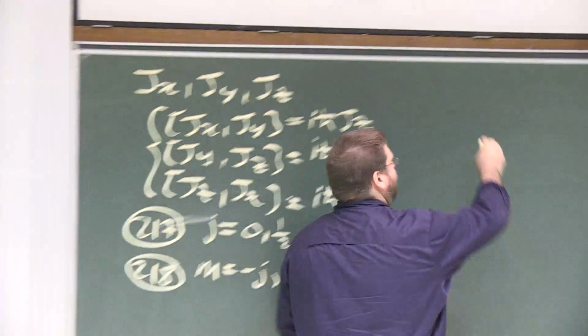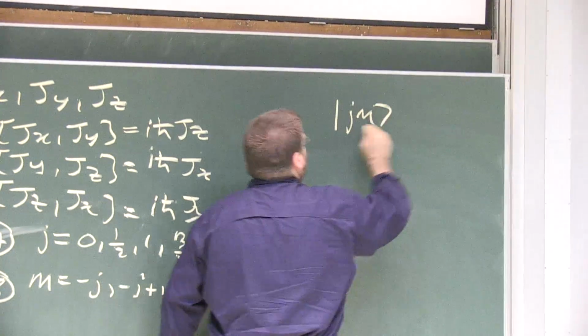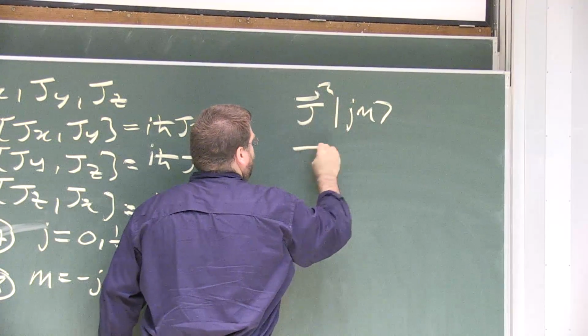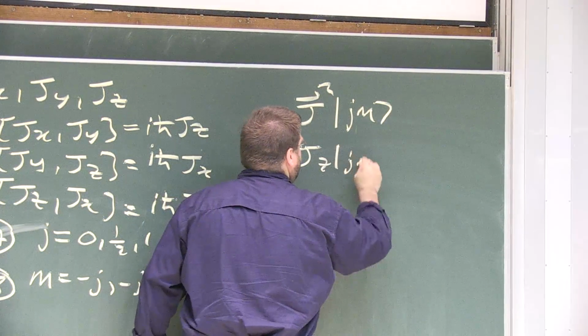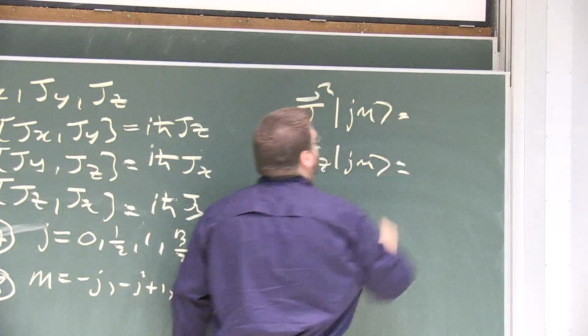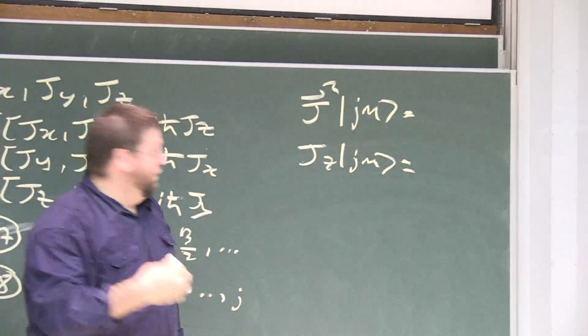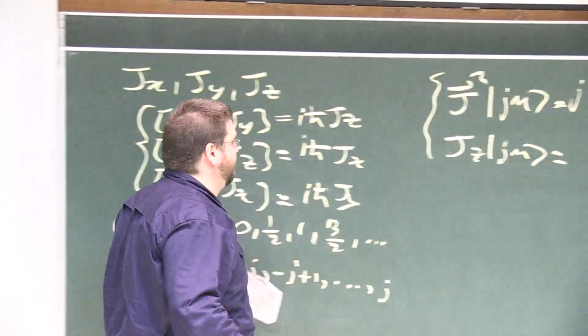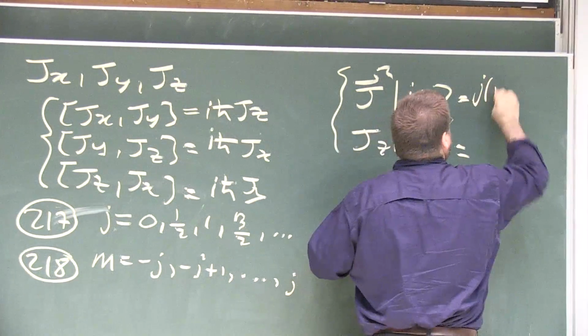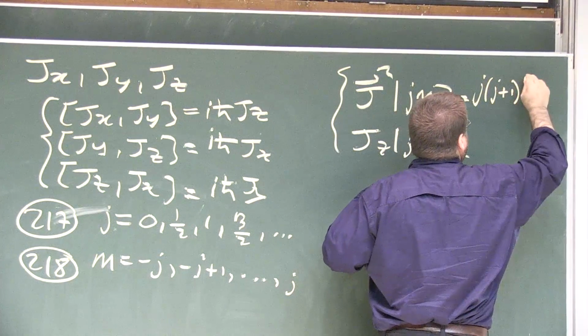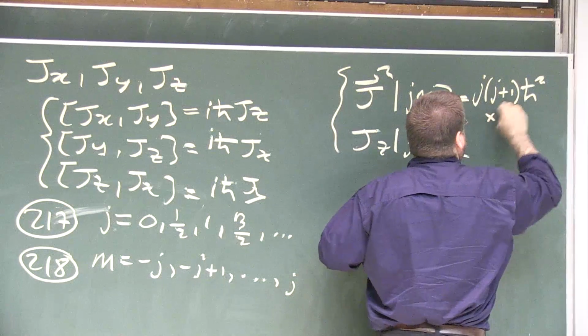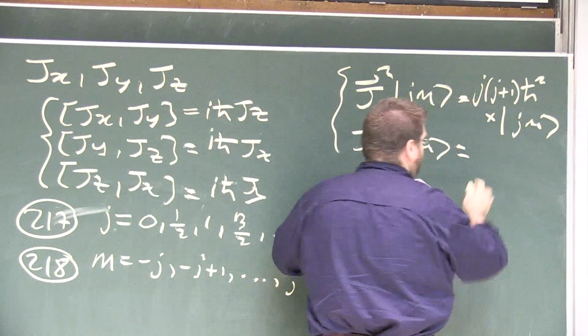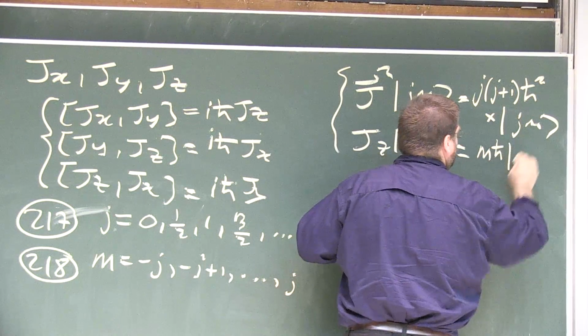Here we had generalised spherical harmonics, which were eigenfunctions of both J squared and Jz, and the eigenvalues of these operators were written as the j that appears here, and mħ, respectively.